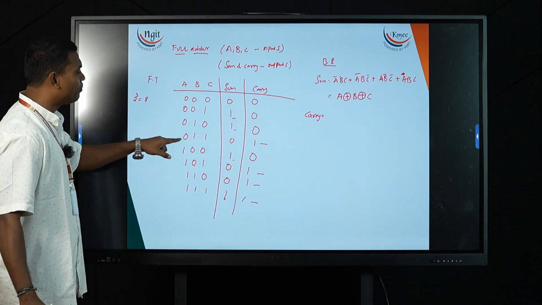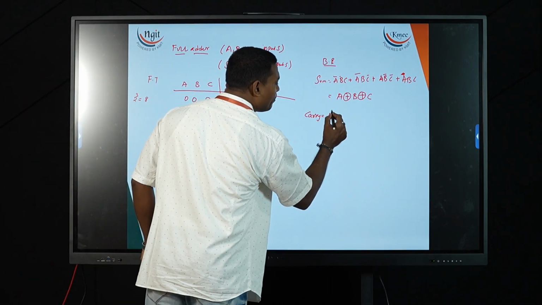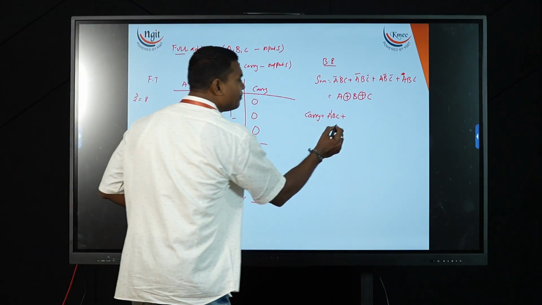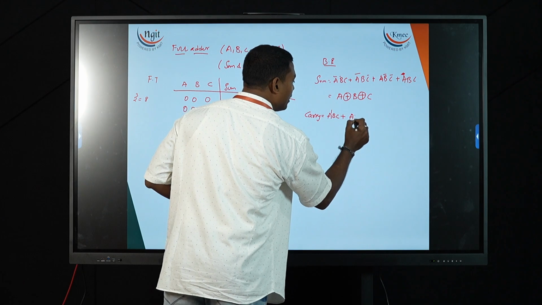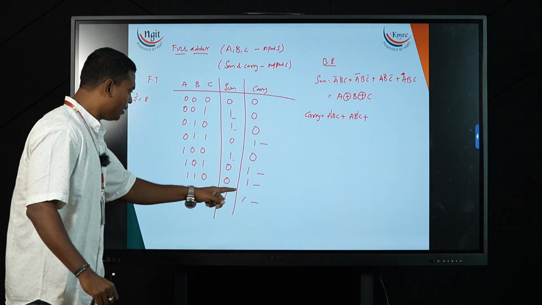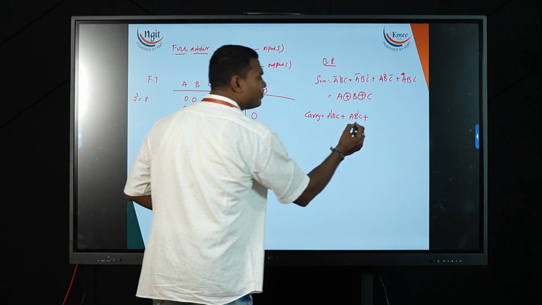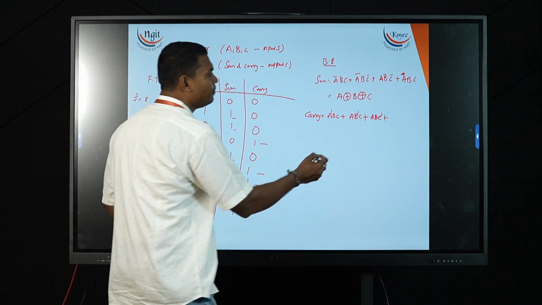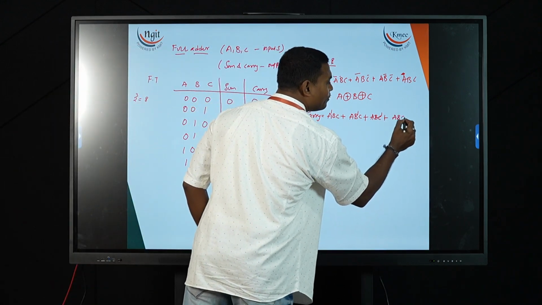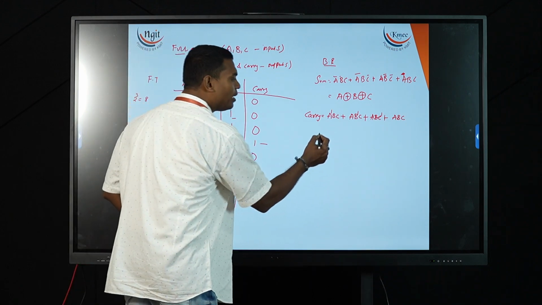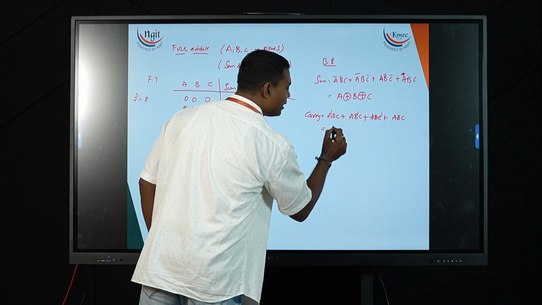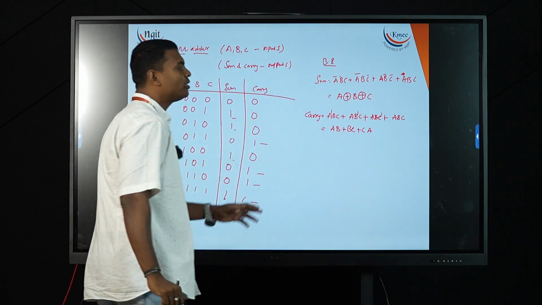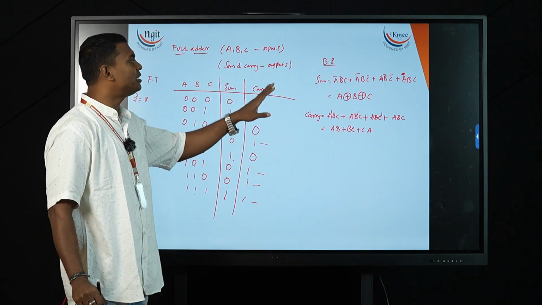At those points my values are A bar B C, A B bar C, A B C bar, and the last one A B C. Now when you simplify using Boolean laws or a Karnaugh map, you get the expression AB plus BC plus CA. So these are the simplified Boolean expressions for our full adder.